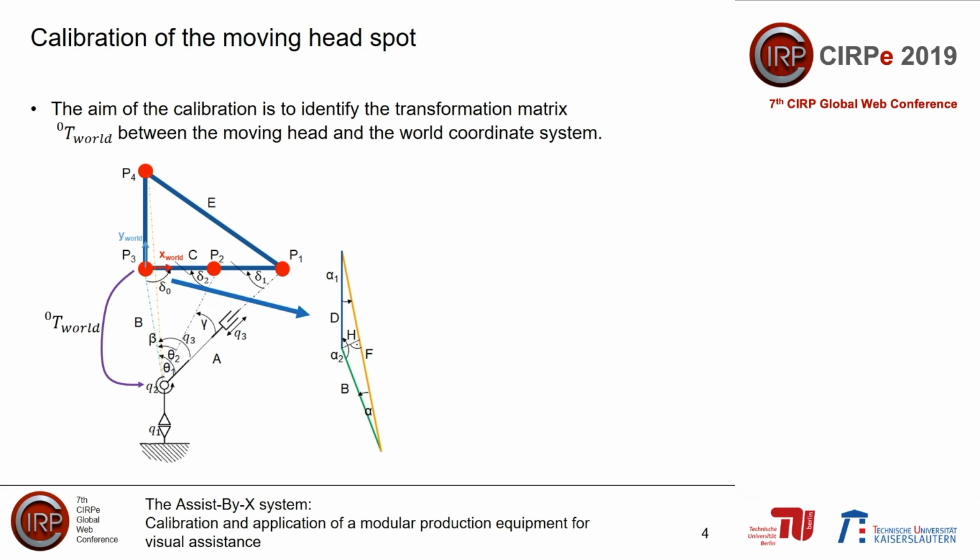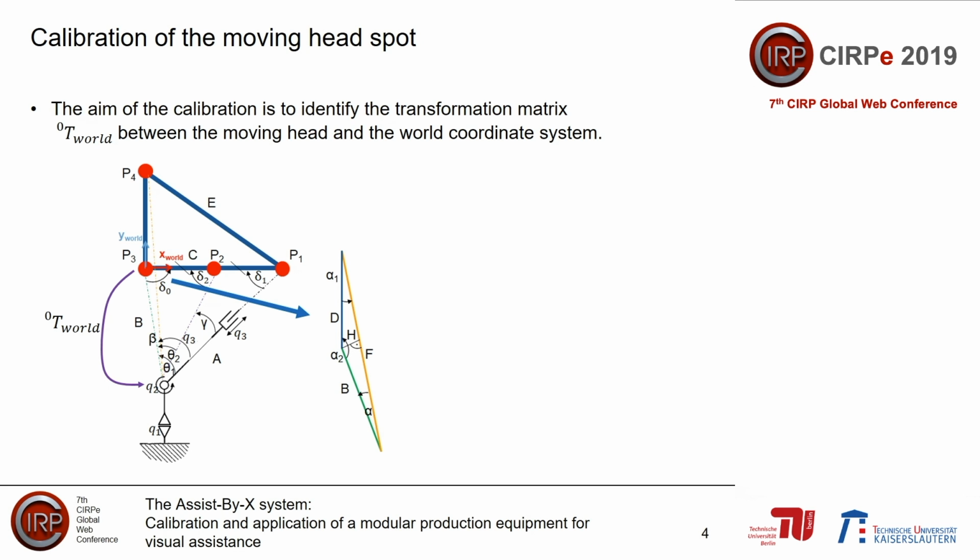The x-axis is then defined as the normalized vector of r P3 to P1 with respect to 0. The y-axis is defined as the cross product between the z and x-axis. The origin of the world coordinate system with respect to the moving head system is then the intersection between the line passing through P1 along r P3 to P1 with respect to 0 and a line passing through P4 along r P3 to P4 with respect to 0. The transformation matrix is then calculated.